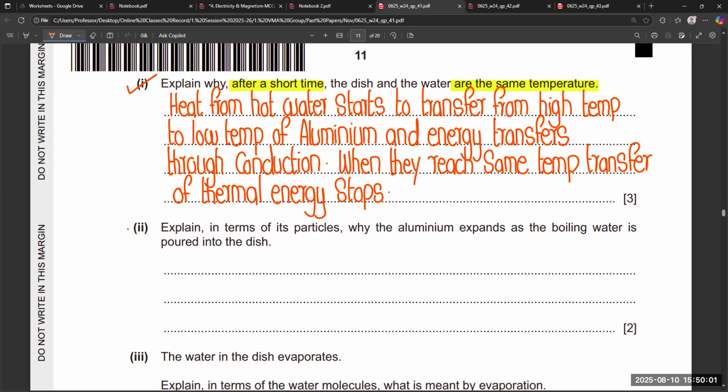Now, in second part, explain in terms of particles why aluminium expands as the boiling water is poured into the dish. So now this question is related to expansion.